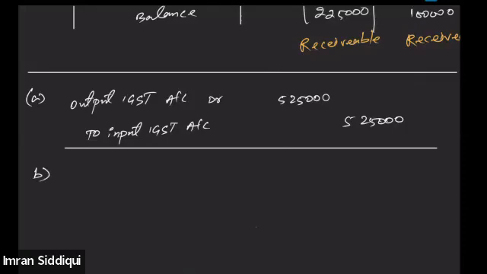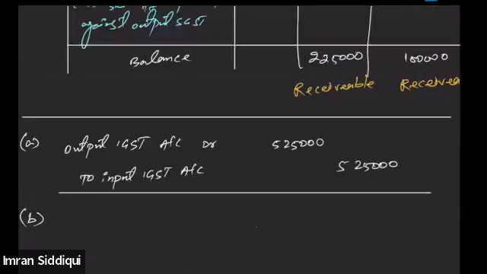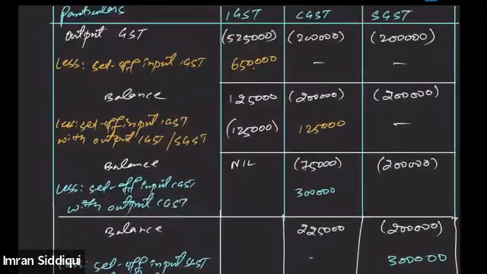Then because the input IGST is not fully set off with the output IGST, we further adjusted the input IGST with the output CGST as well, right? We had adjusted the input IGST with the output CGST as well to the extent of 1,25,000. Is that correct?